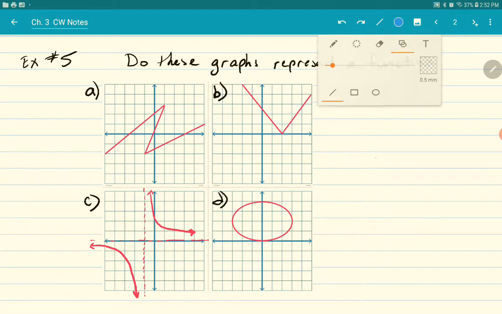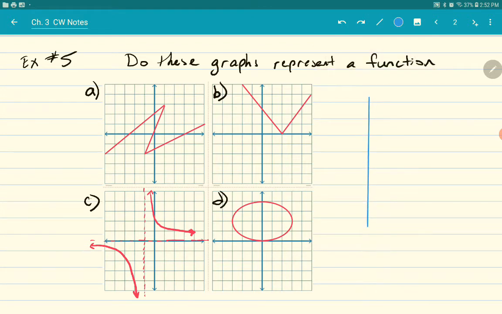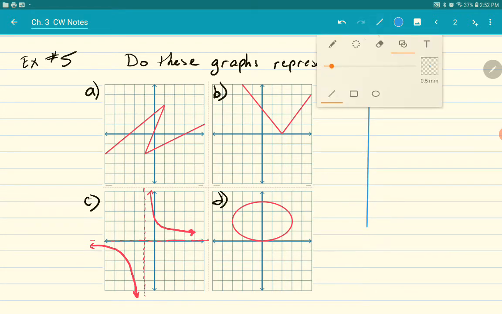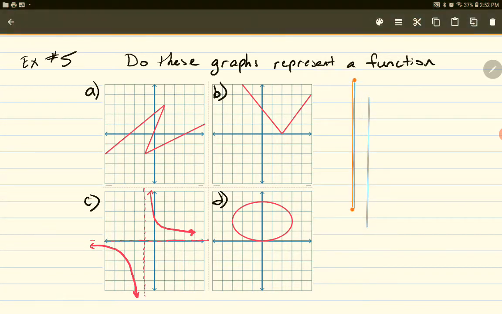Is there anywhere I can draw this straight line that I'm going to get more than 1 point? It's more than 1 output from my input.